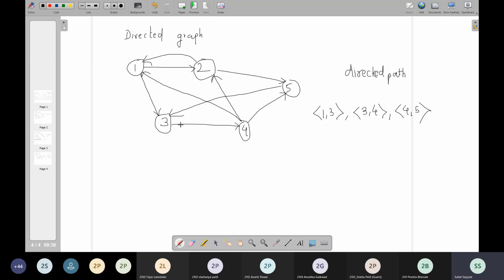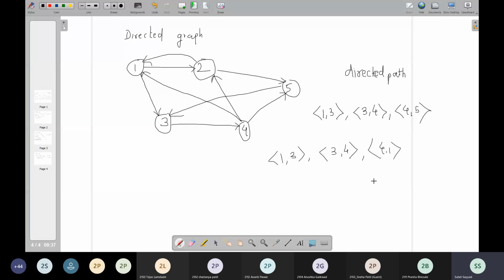Now, if my path is directed, then my cycle will also be directed. So here I can give you one example: (1,3), (3,4) and (4,1) is a directed cycle. Again I repeat, (1,3), (3,4) and (4,1) is a directed cycle.